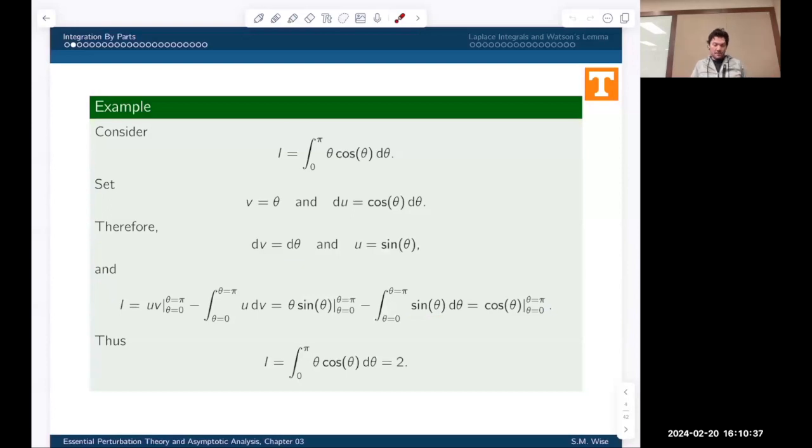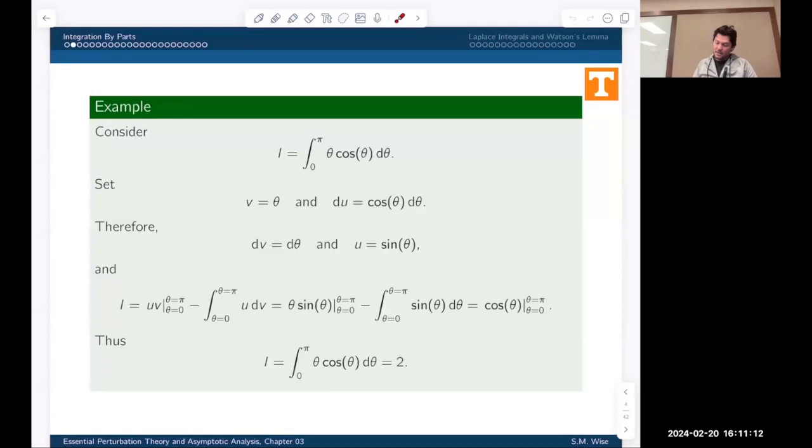This is the idea that we're going to invoke a lot. Actually, kind of, and I'll get back to that in a second. This, of course, can be integrated exactly. This is cosine of theta, evaluated at theta equals pi and theta equals 0. The antiderivative of minus sine theta is cosine theta. So I evaluate those 2 points, and I just get 2.